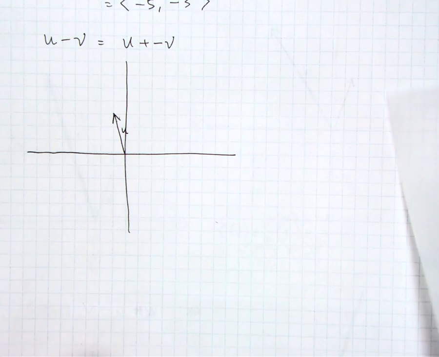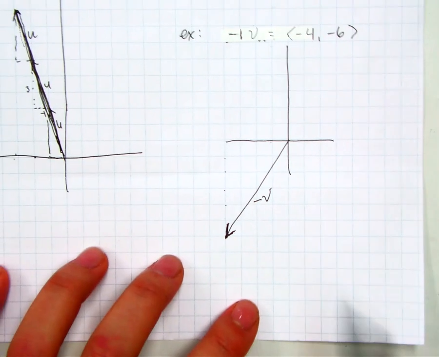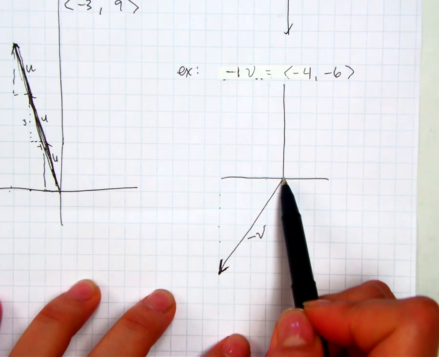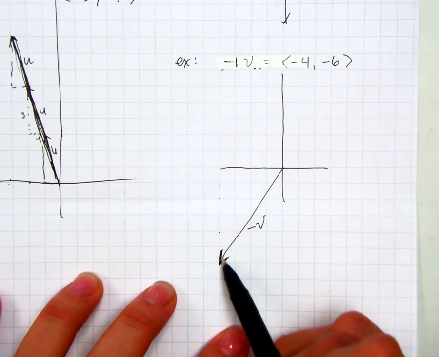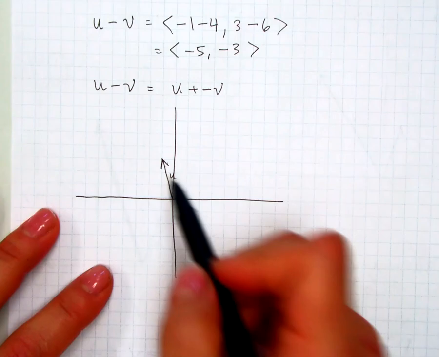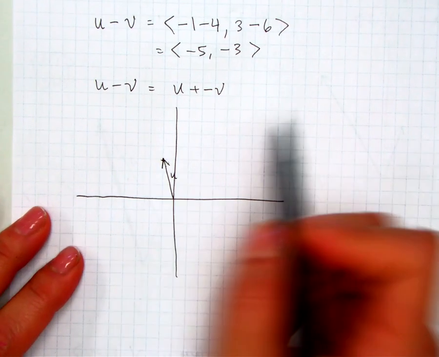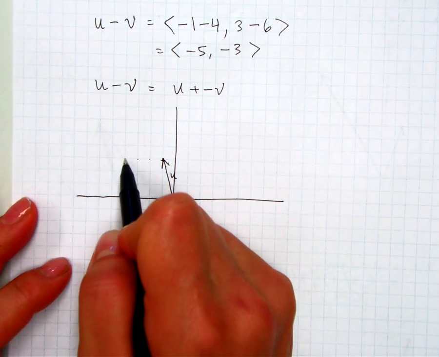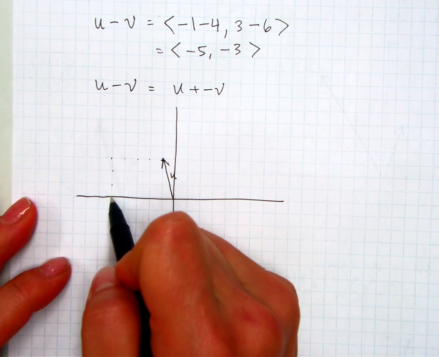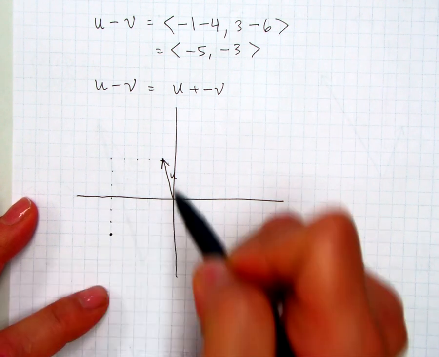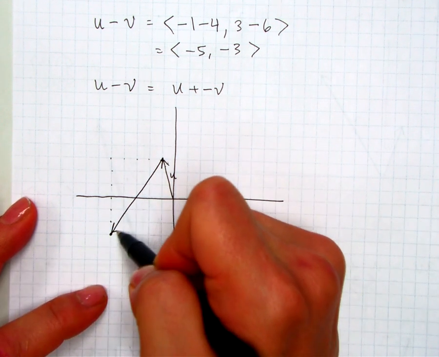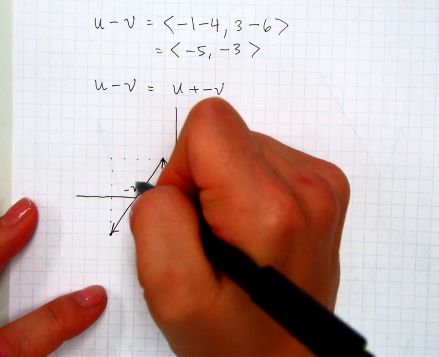-v, remember, -v on this side went the opposite way. So -4, -6. So from here, head to tail, I'm going to go negative 1, 2, 3, 4, negative 1, 2, 3, 4, 5, 6. This is my negative v.